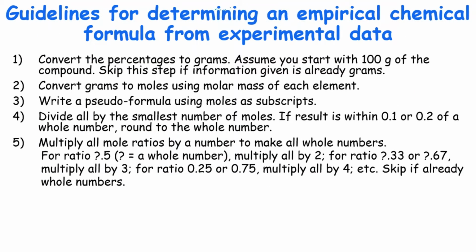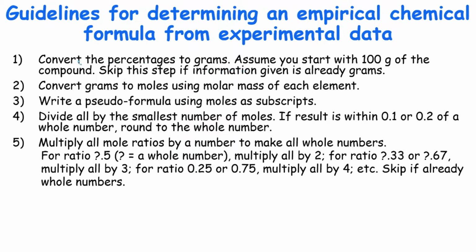Now the guidelines for determining an empirical formula from experimental data. So there are 5 steps. I will not spend too much time here because I'm going to use exactly those 5 steps to work on one example so that we can better understand those guidelines or those rules.